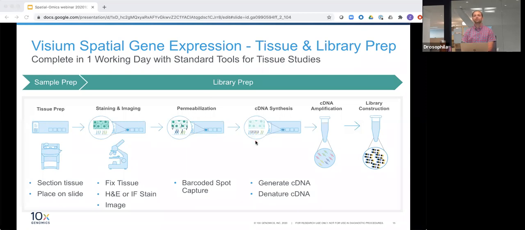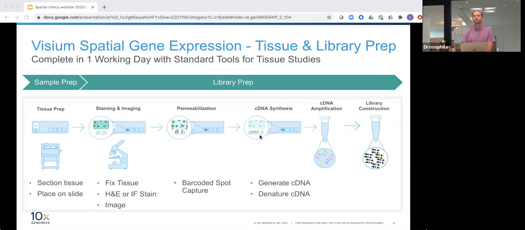And then once you capture that RNA, you reverse transcribe it into cDNA. In this case, there aren't fluorophore labeled nucleotides, they're just regular nucleotides. So you create your first strand of cDNA that's attached to the slide. You can create a second strand on the slide, and then you denature that second strand off the slide and transfer that into a standard PCR tube, and you can continue doing your cDNA amplification and library construction in a standard PCR tube.